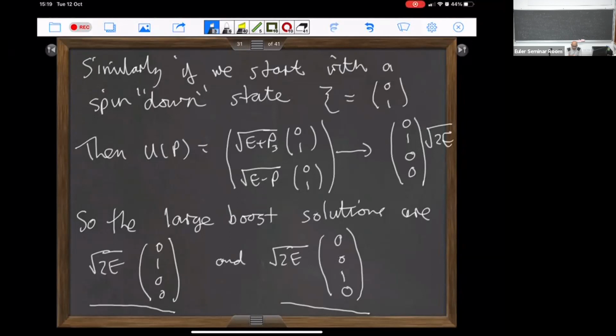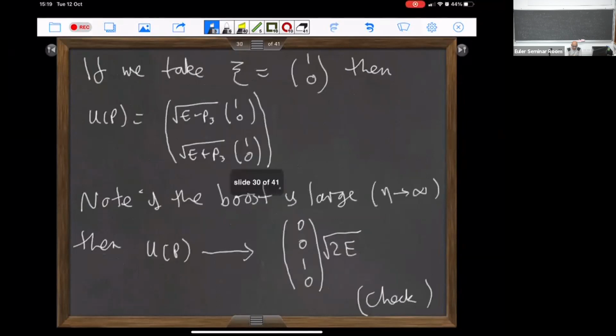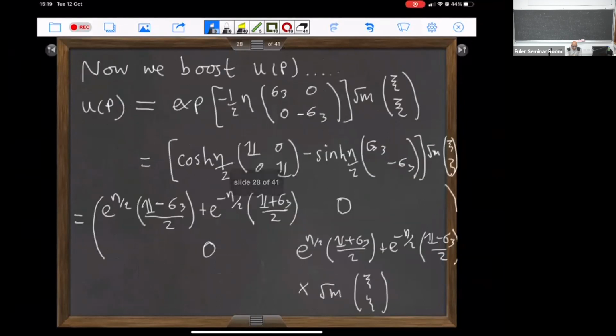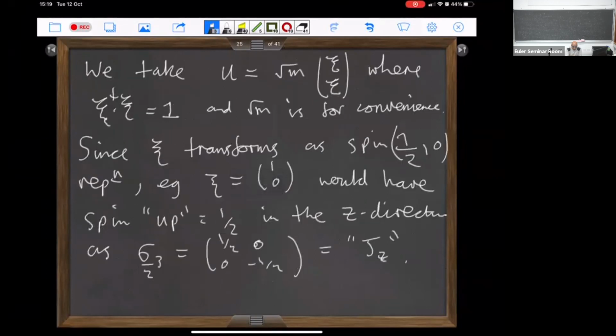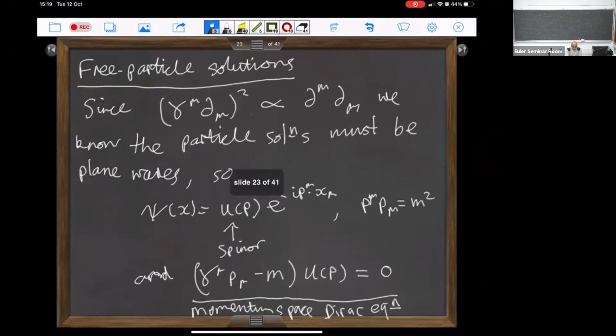Now, where are we? We started off this discussion by looking at the plane wave with e to the minus i p dot x.